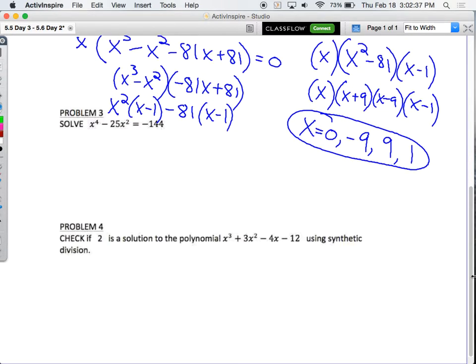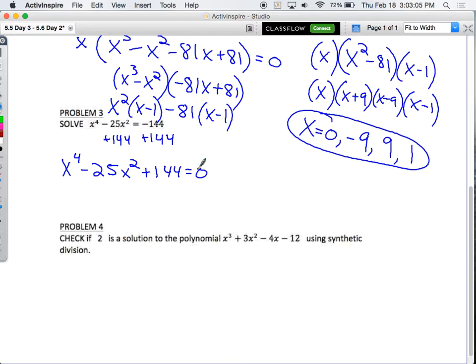Okay, moving on to the next one. Here, we always need to set these things equal to 0. So to do that, we add 144 to both sides. Rewriting this, I would get x to the 4th minus 25x squared plus 144 equals 0.